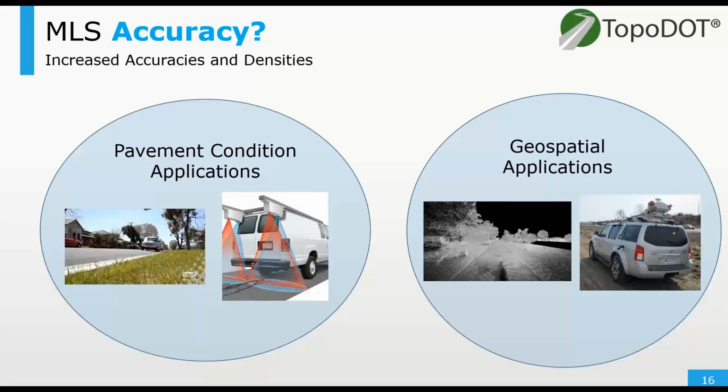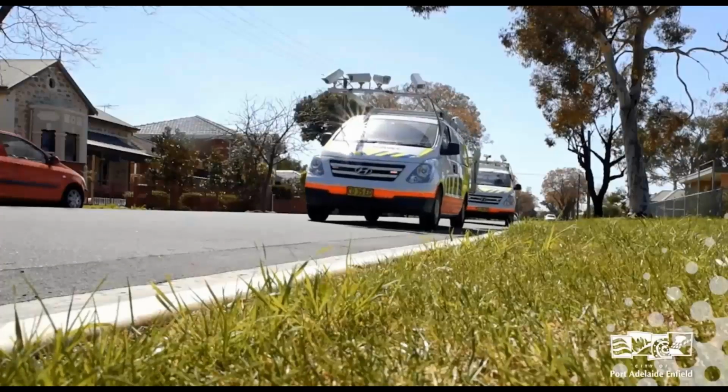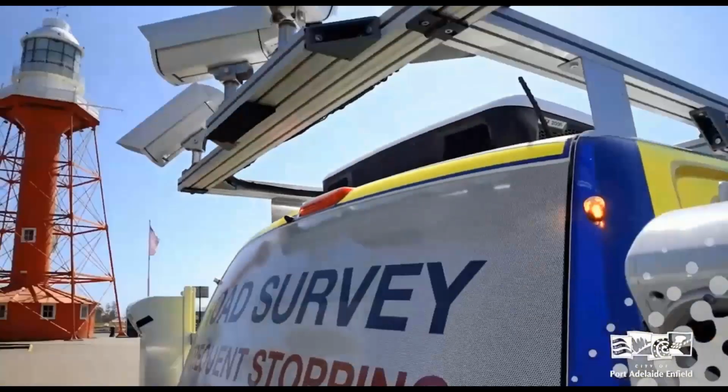And then the two main technologies that have emerged for this application are going to be the profilers or the pavement scanning vehicles, on the left, and the geospatial vehicles or the mobile mappers on the right. And I'd like to point out a quick comparison between these two technologies. The pavement scanning vehicles have been out there for quite some time now.